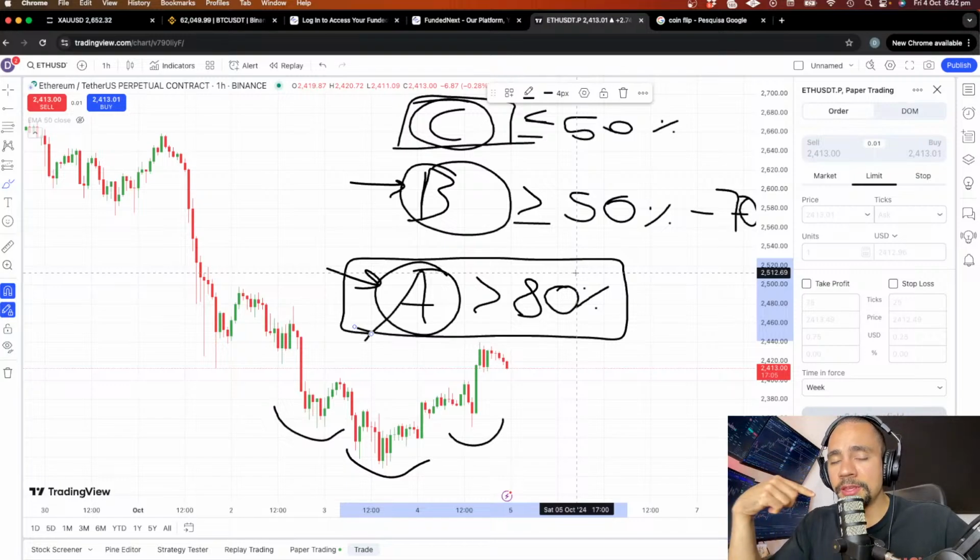You do some breathing exercises and you repeat to yourself, I'm not going to get out of this position. I'm not going to let the fear overpower my awareness. I'm not going to let the emotions dictate my actions. I'm going to stay on this trade until it hits my profit target. And I'm going to do that because I know this is an A setup, and I know if I do that 100 times, I'm going to make money.